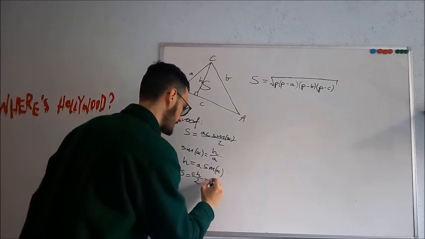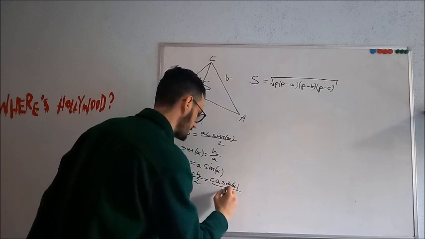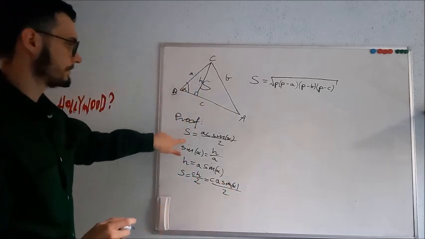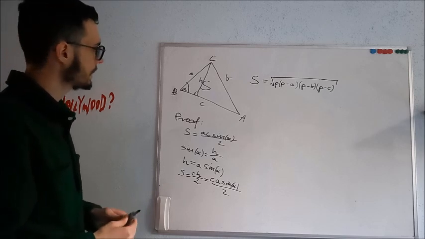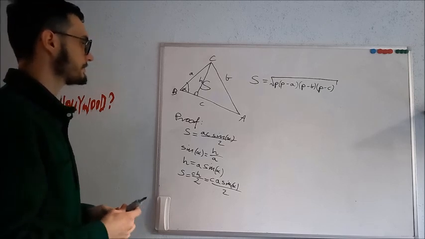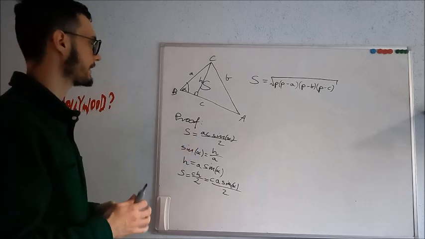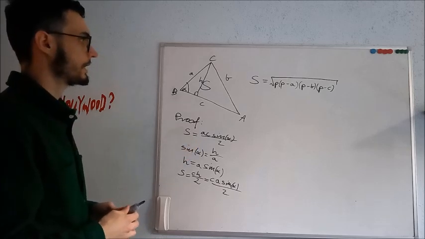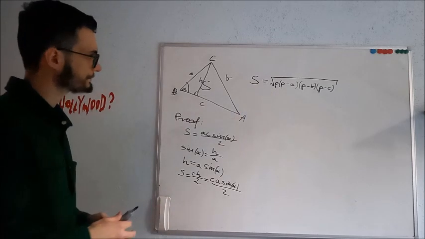So we get c times a sine alpha over 2. And this equality is already proved. Right, since we know this formula for the area of the triangle is true, we can start proving our Heron's formula.